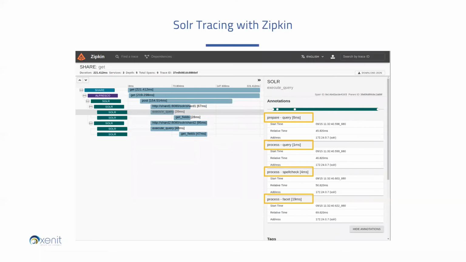There's also spell checking whenever you launch the query. All of these things are happening before the actual query has been launched. And there is also some faceting going on, because when you get a query result from Solr, it will also return the facets to filter upon. So it has to do some post-processing on your search results.